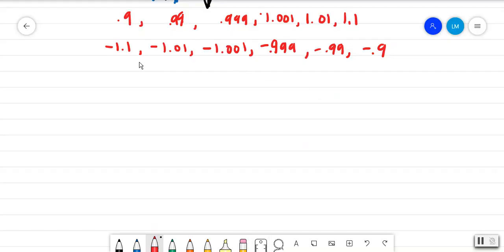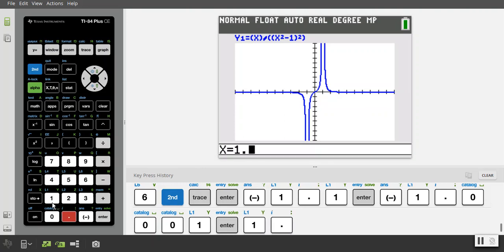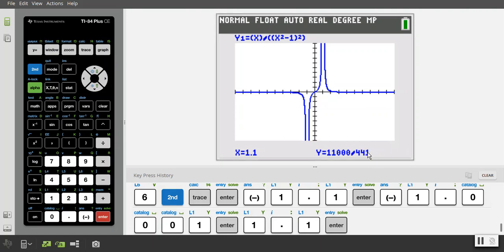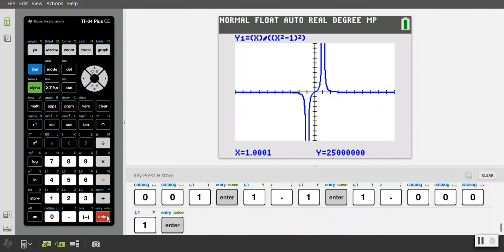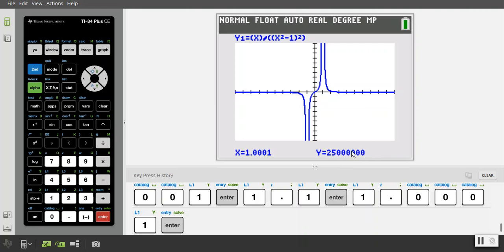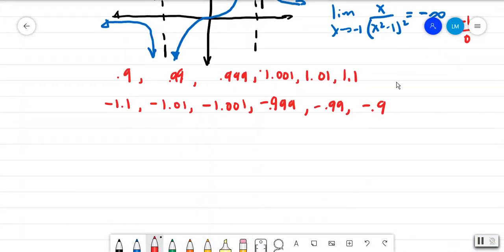You should just get as close as possible. Of course, if you plug in 1.1, you'll get this value over here, and if you type in 1.0001, you'll see that you get a bigger number. So in this case, we know that it's approaching positive infinity as we plug in each of these values. Eventually you'll get that it goes to infinity and negative infinity respectively.